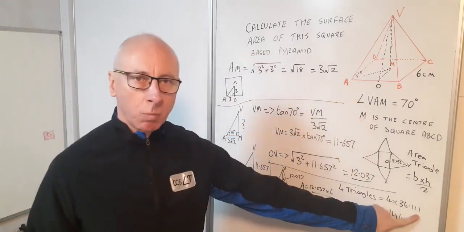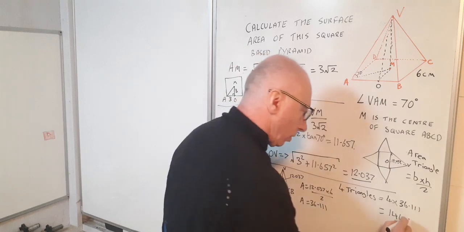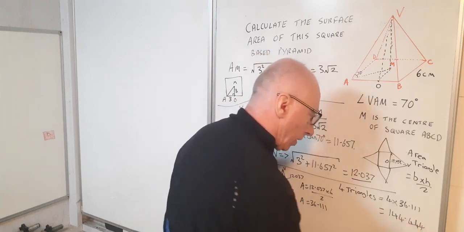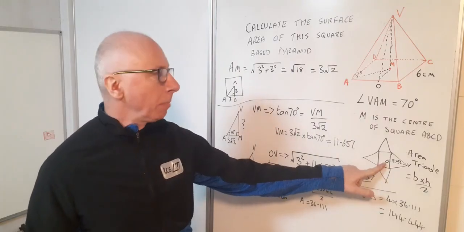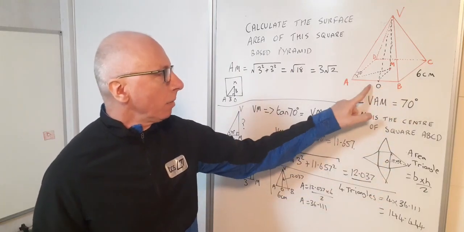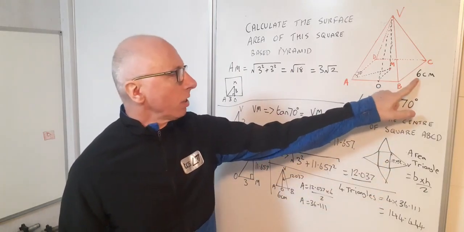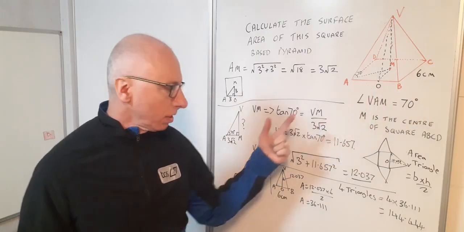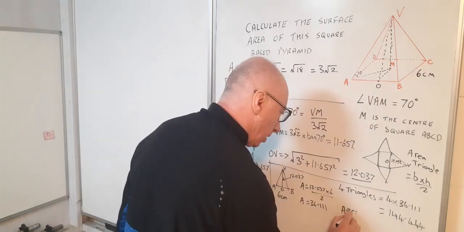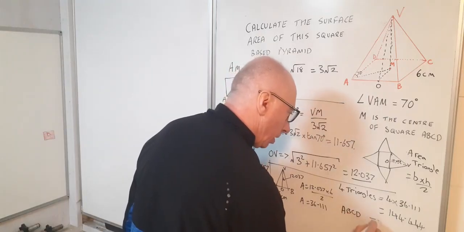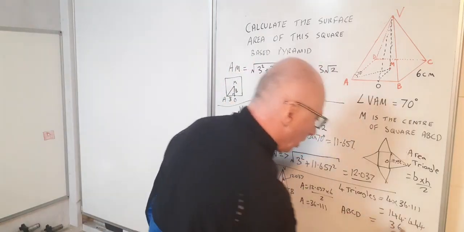And 4 times 0.111 is 0.444. So that's that. Then we've got to add on that the area of the base. Well, that is the easy part of this calculation. So we've got 6 by 6. 6 sixes are 36. So ABCD equals 36.